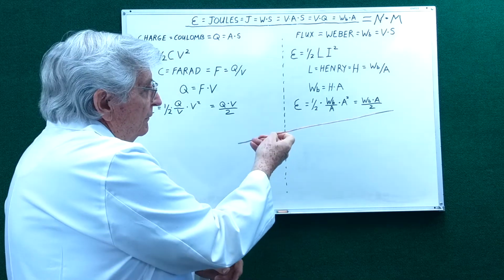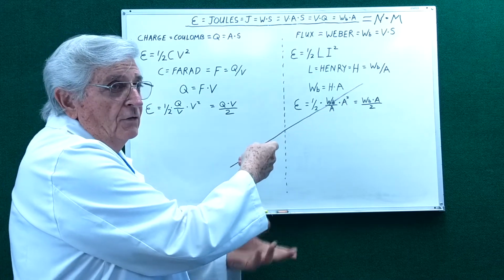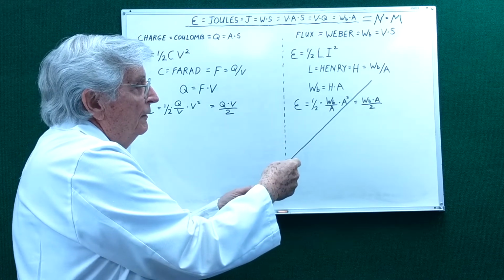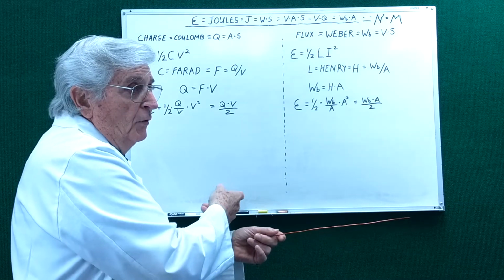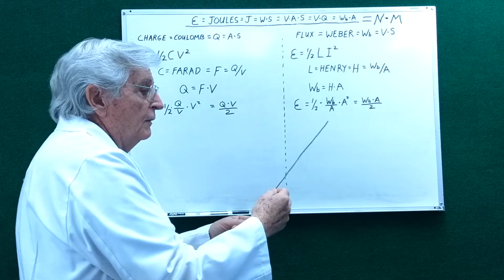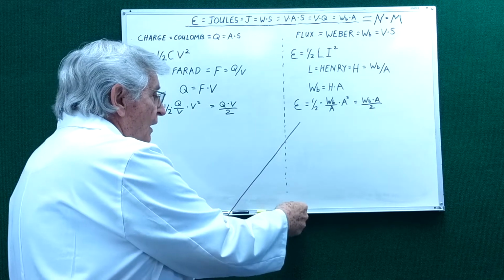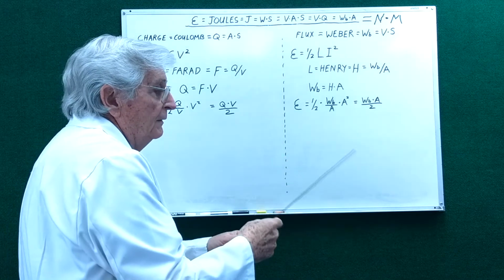Even there's capacitance between here and the wiring in this room. So there's capacitance that's not a component like that, and there's inductance that is not necessarily a component such as that.